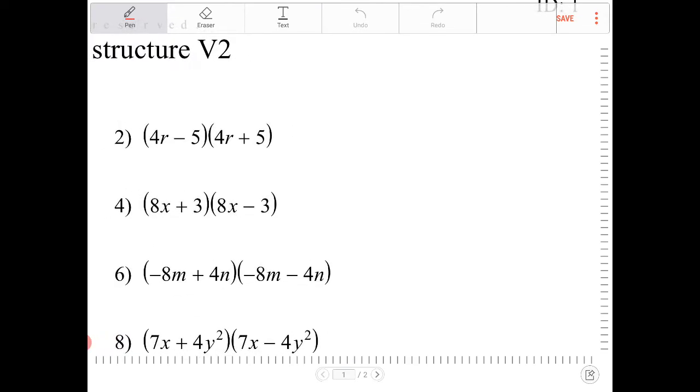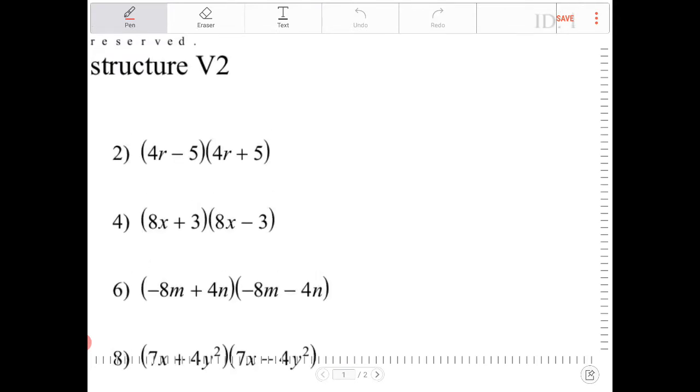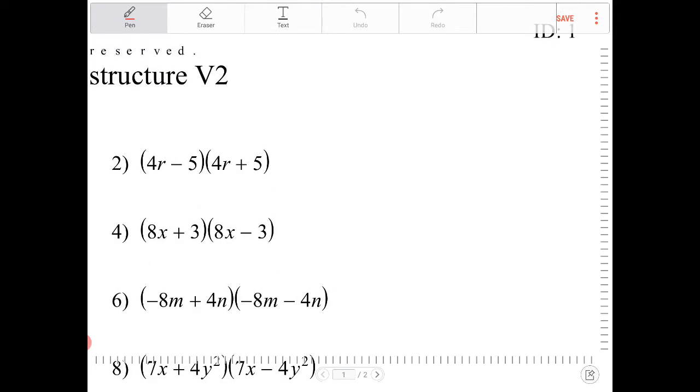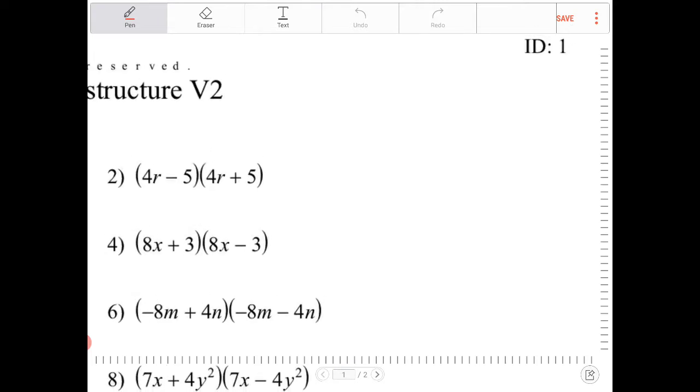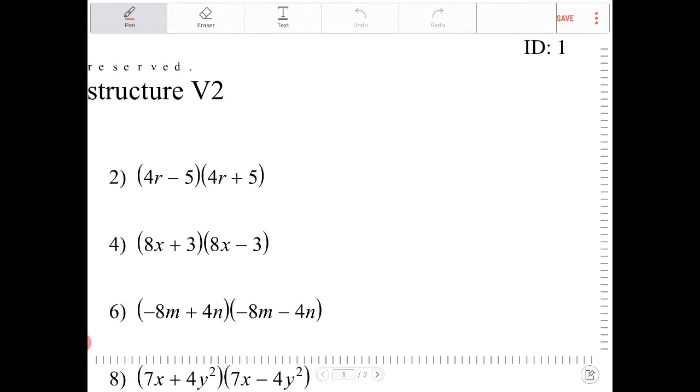So I'm going to go through the even questions here and demonstrate how structure can be utilized. Just to recap, what were those structures again? If I have (a plus b) times (a minus b), this turns into a difference of squares.